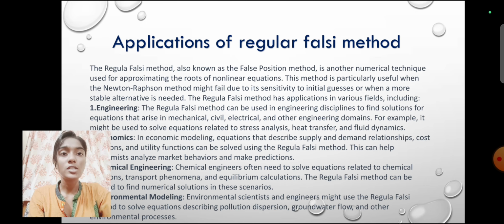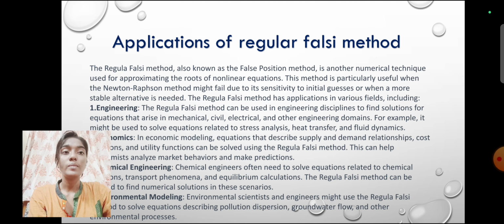The regula falsi method, also known as the false position method, is another numerical technique used for approximating the roots of nonlinear equations. This method is particularly useful when the Newton-Raphson method might fail due to its sensitivity to initial guesses, or when a more stable alternative is needed.